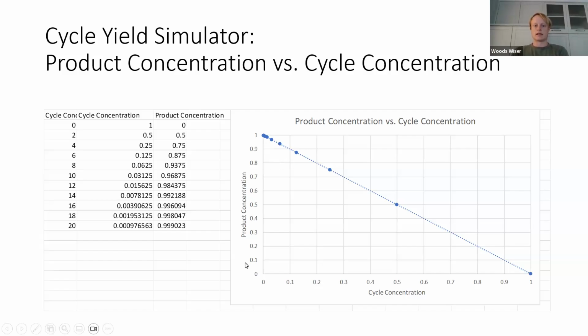So this data point where it's 0, 1, which represents 0 mass in the cycle and 1 mass out of the cycle, that's infinity iterations. But we don't need infinity iterations when we could just look at, let's say, the first data point and the second data point and follow the linear trend to infer the final data point.